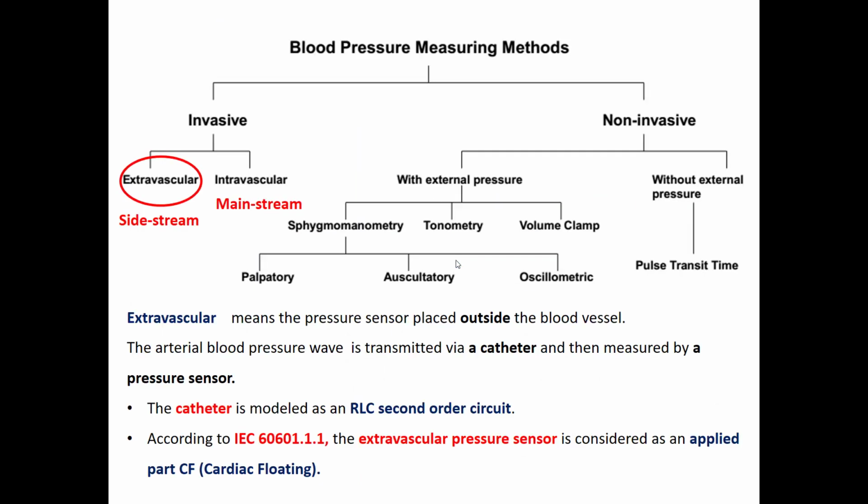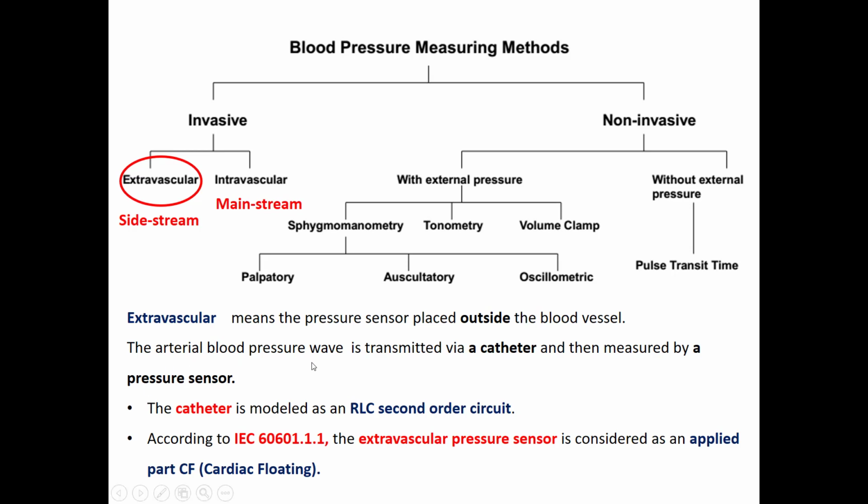So we will start now with the extravascular type of invasive blood pressure measurement. Extravascular means the pressure, as we said before, is measured outside the blood vessel, which means that we should have an interface or a connection between the pressure inside the blood vessel and the pressure sensor.